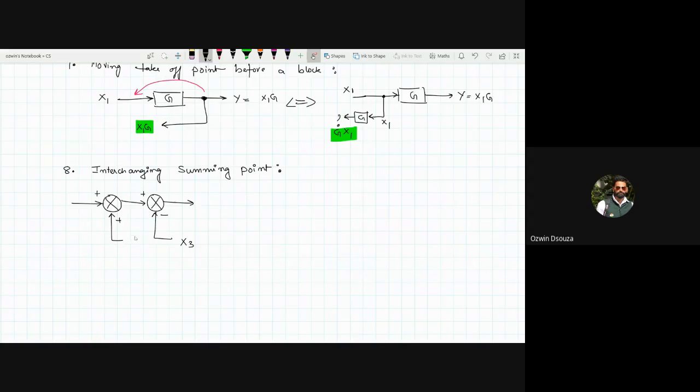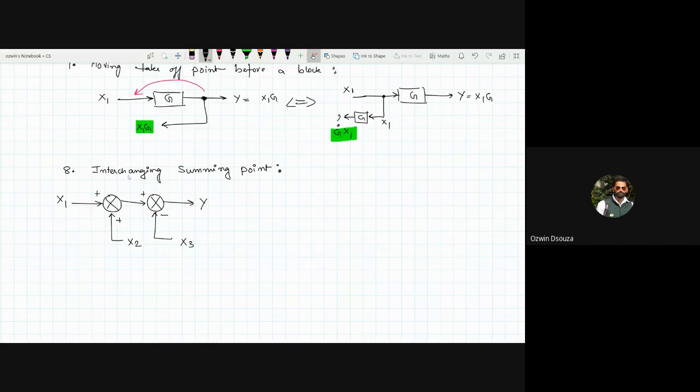Say some x3, some x2, some x1, and signal 1. Interchanging summing points means you interchange this summing point with this one and vice versa. This you bring over here.